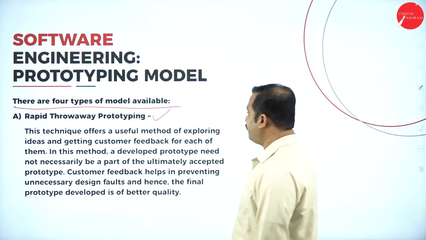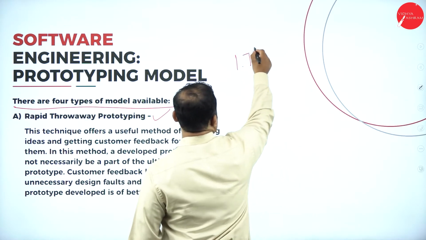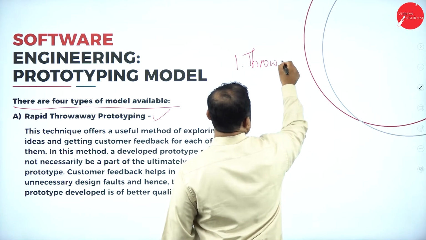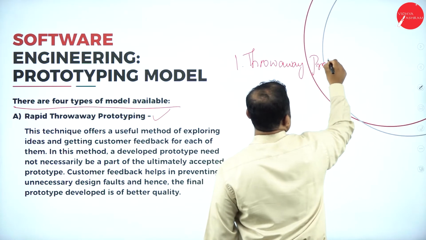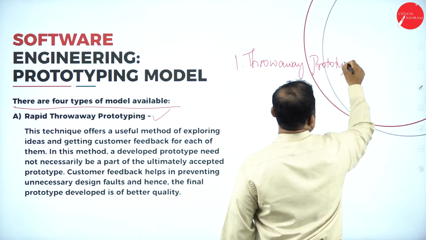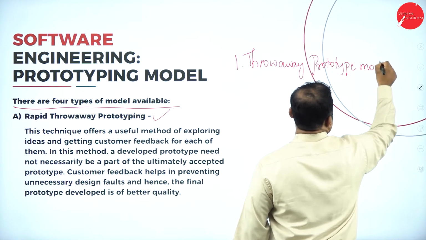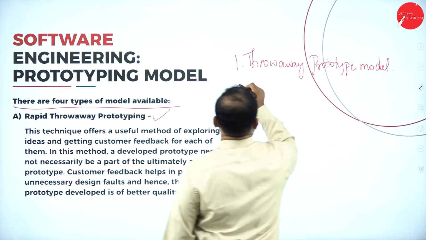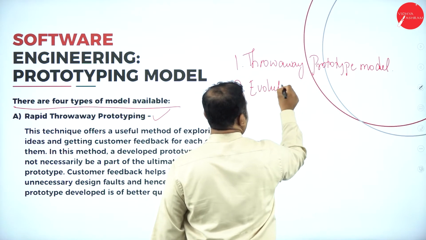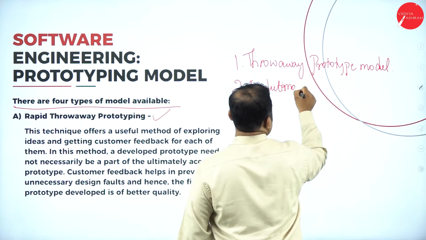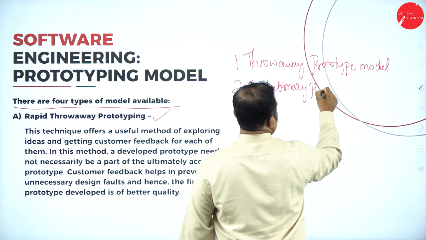The second one is the evolutionary prototype model.